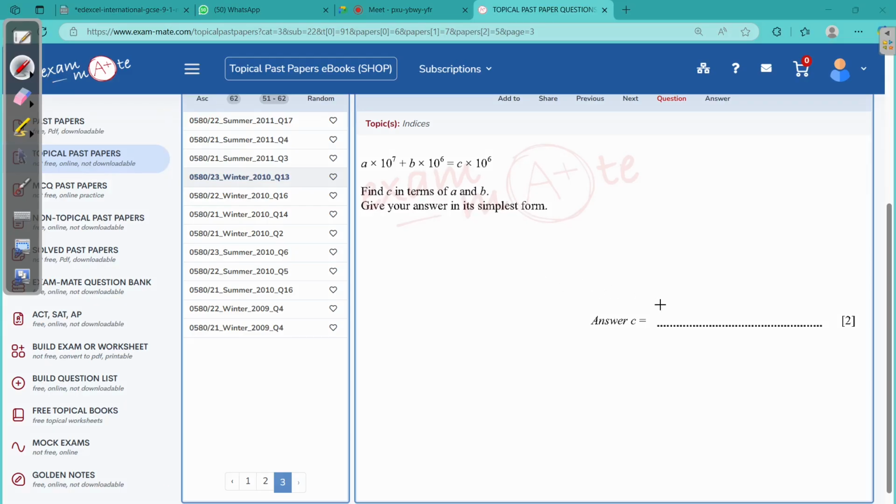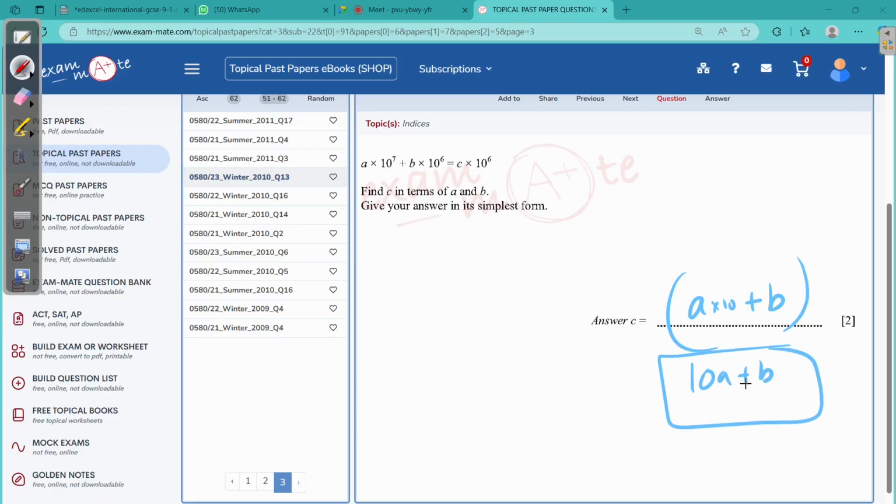C is equal to 10A plus B. Yeah, okay, fair enough.